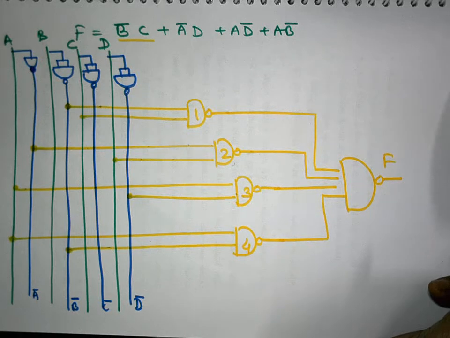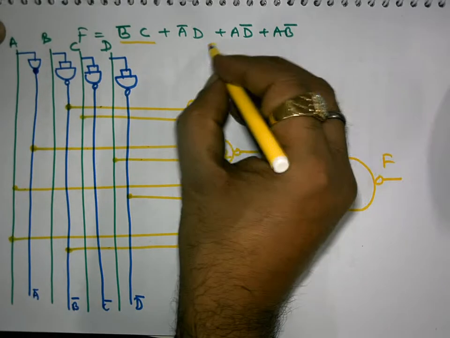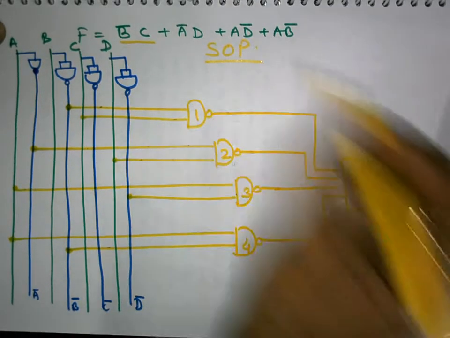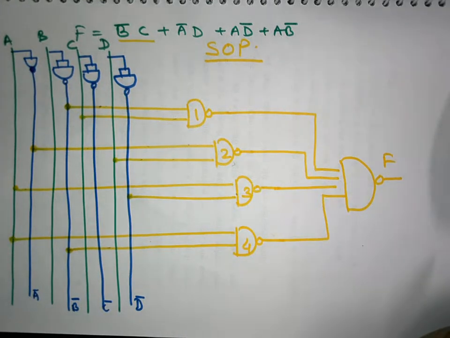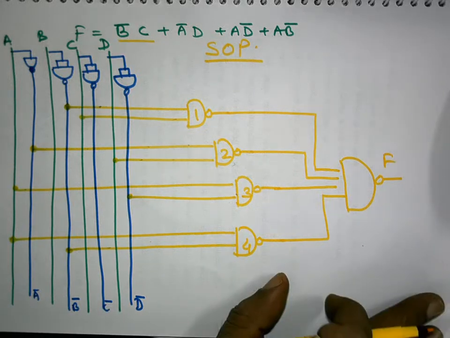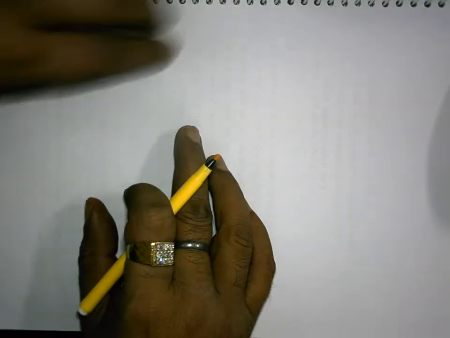So this way you can design any sum of product function using NAND gates. Sum of product functions can be realized using NAND gates as basic building blocks, and you have to do these kinds of things in your laboratory also. Okay, you have to perform many experiments based on this K-map designing.